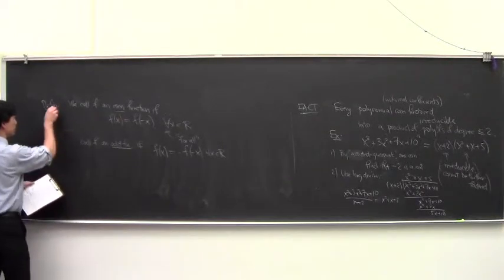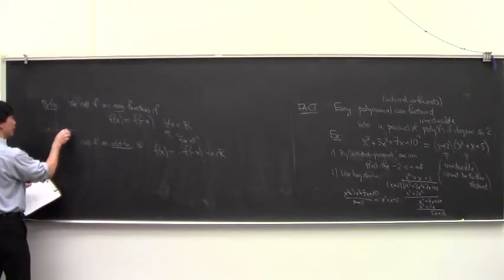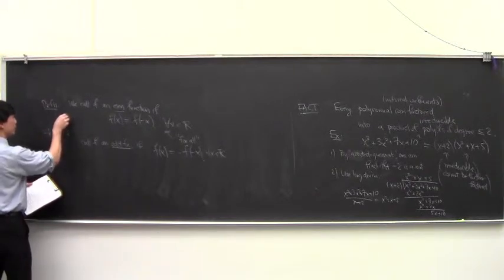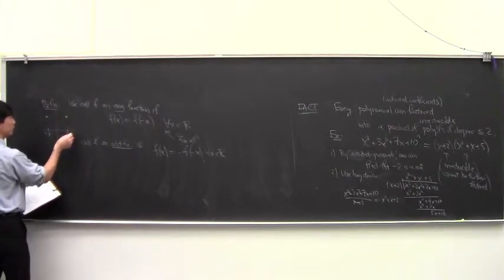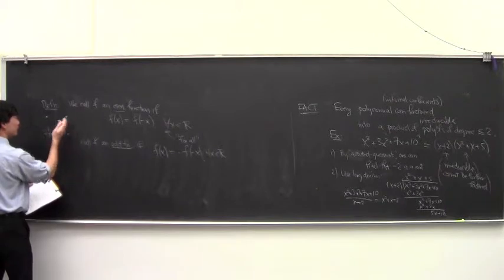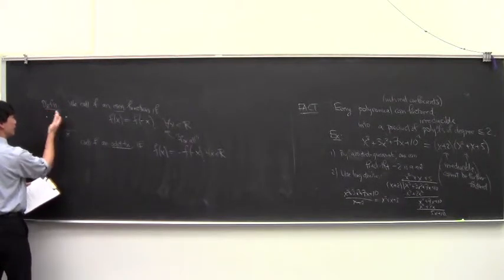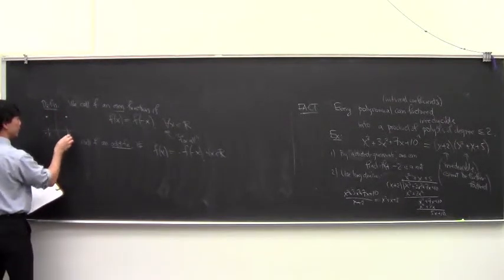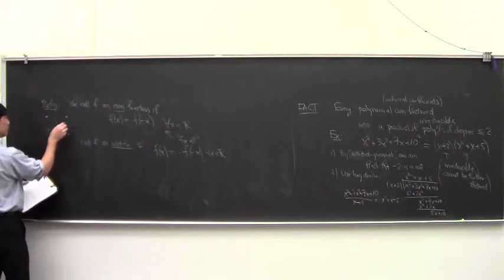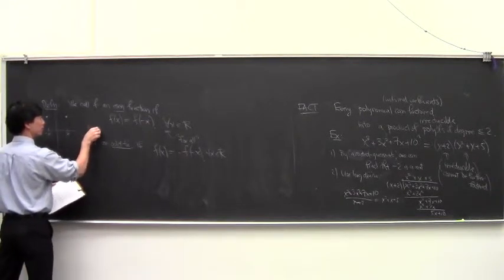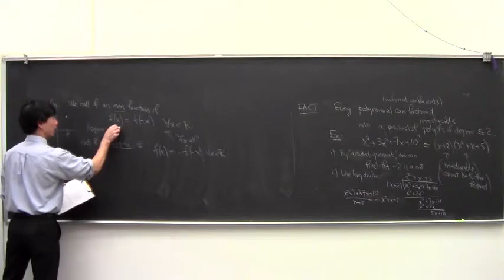So the first one says that on the graph, for every x and negative x, you have the same values, so it's symmetric about the y-axis.